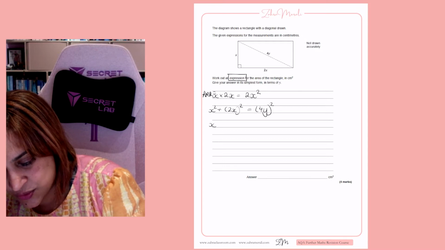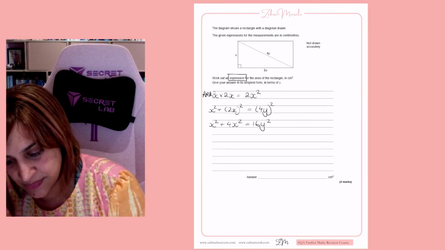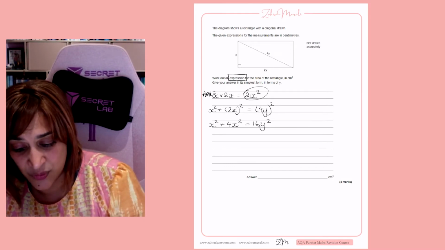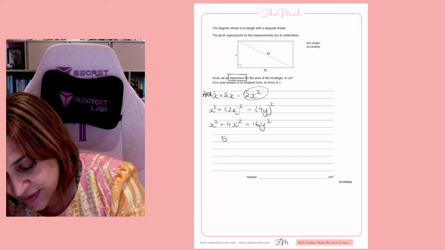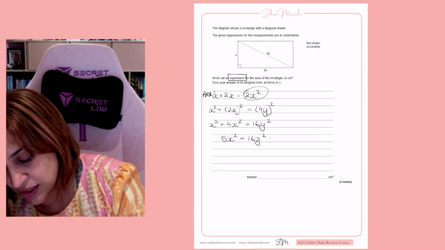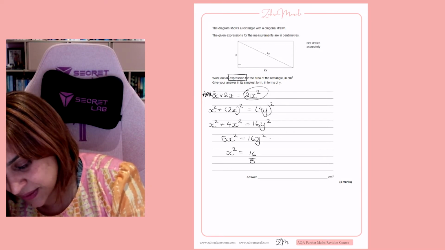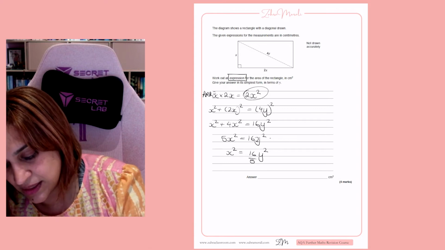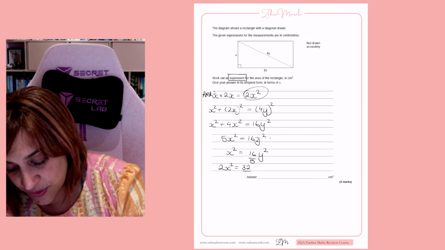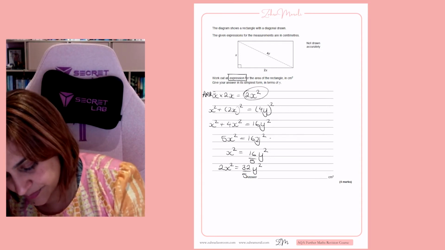So we'll get x squared plus 4x squared equals 16y squared. Now we want to find out what 2x squared is in terms of y. So we've got 5x squared is 16y squared. x squared is 16 over 5 y squared. Therefore 2x squared is 32 over 5 y squared. And that would be our answer.